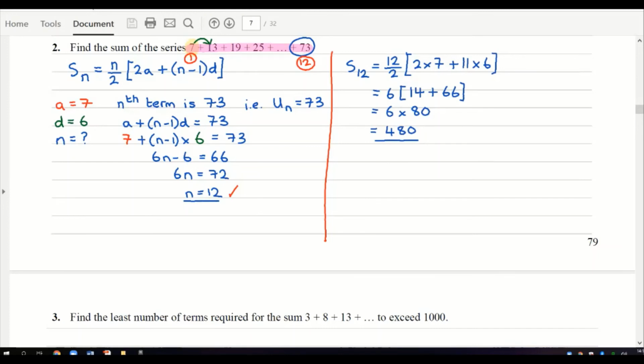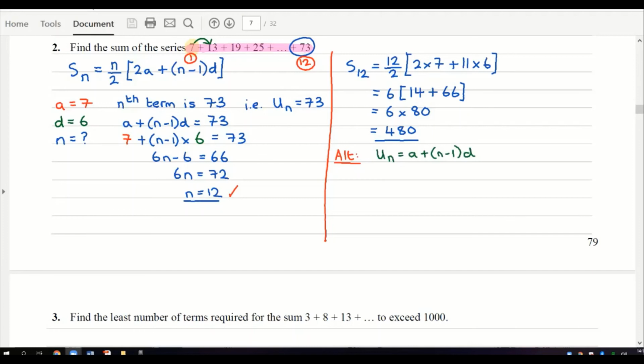Now remember what we said earlier. I'm just going to give you an alternative here. And it's worth knowing this because this can be very, very useful in certain situations. So an alternative would be to say, okay, this is the nth term. All right.